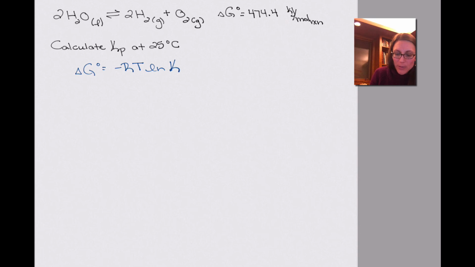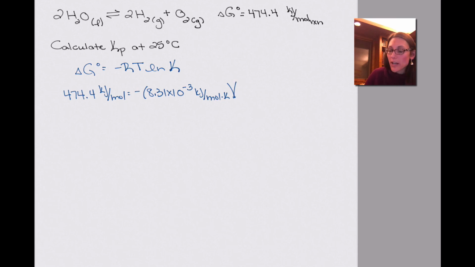So if I put our numbers in here, I've got 474.4 kilojoules per mole. Negative R, once again, is 8.31, and since my other number is in kilojoules, I'm going to use this one in kilojoules, times 10 to the negative third kilojoules per mole Kelvin. And then our temperature that we're working at is 298 Kelvin.